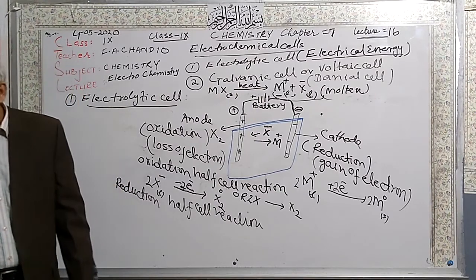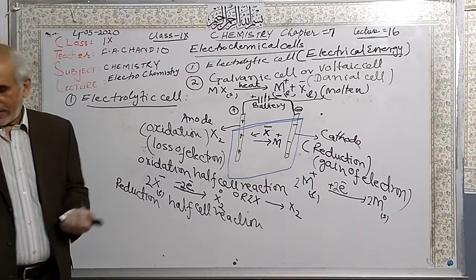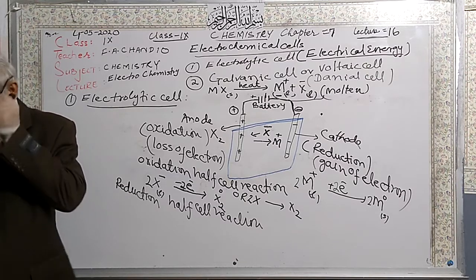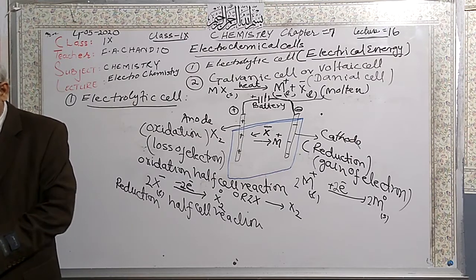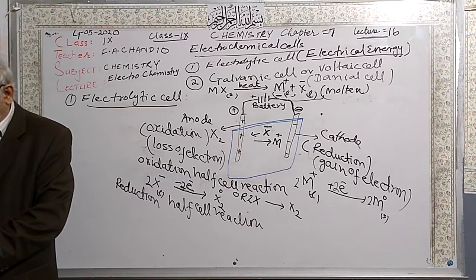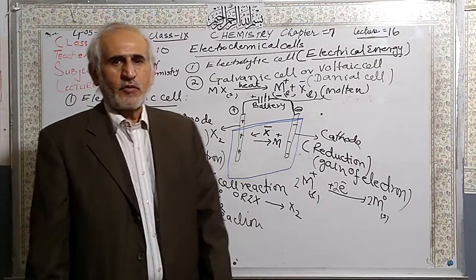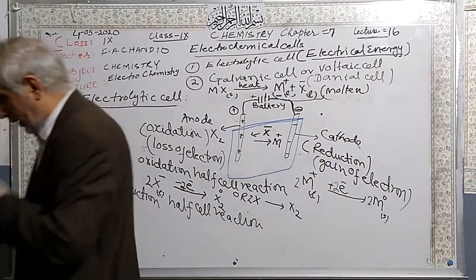Now I'm going to change this. Actually, there is a self-assessment exercise, 7.5: draw an electrolytic cell for the electrolysis of fused potassium chloride. When I say fused, it means molten, melt. Don't use water.